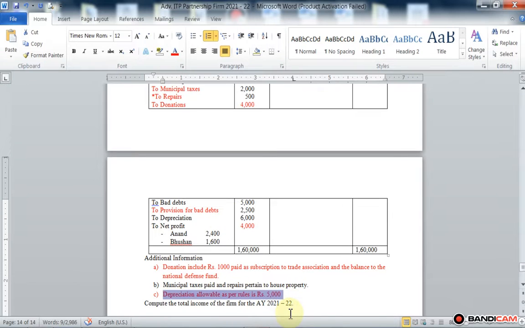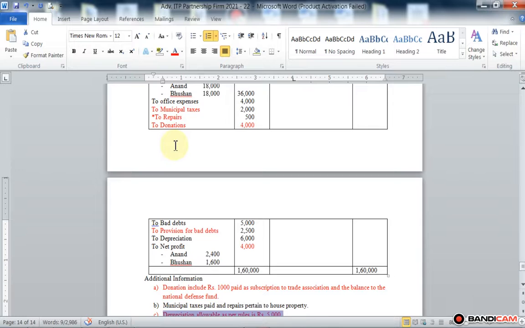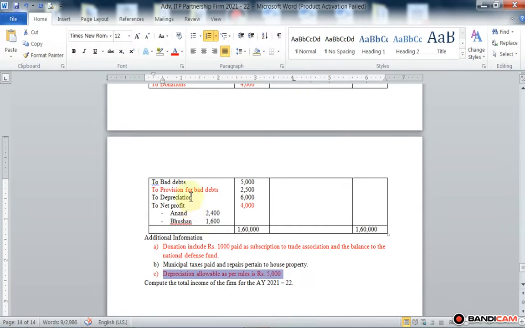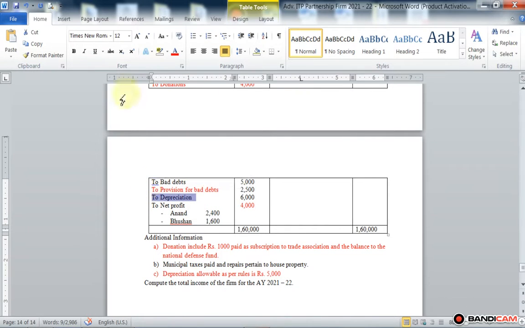Then next adjustment, that is allowable depreciation, is given here. So allowable depreciation as per income tax rule amounting to rupees 5000, and here the depreciation is charged on the debit side of profit and loss account, that is 6000. It means the depreciation is charged by rupees 1000 in excess.